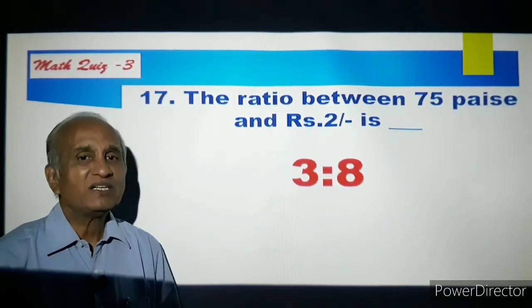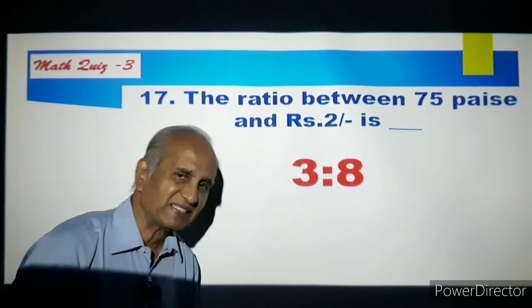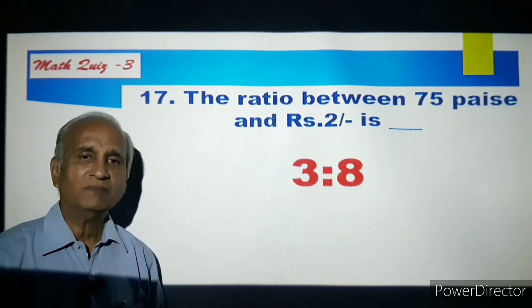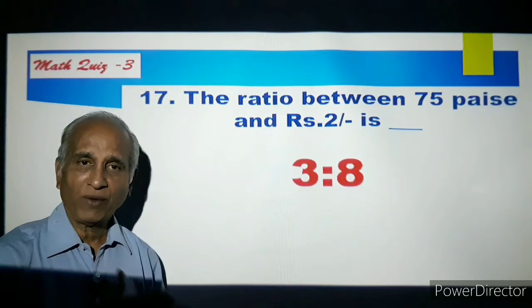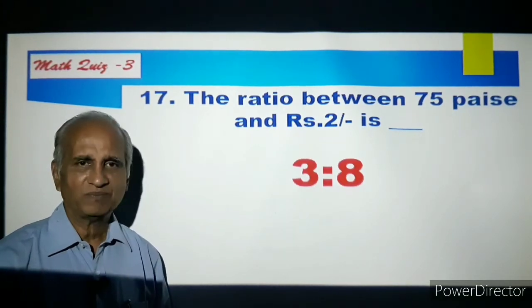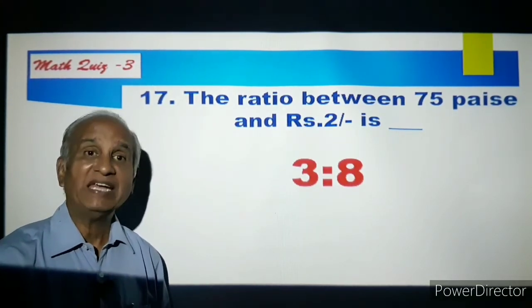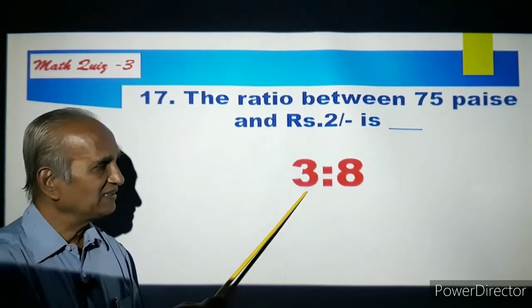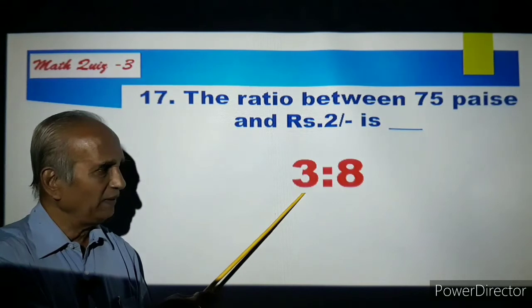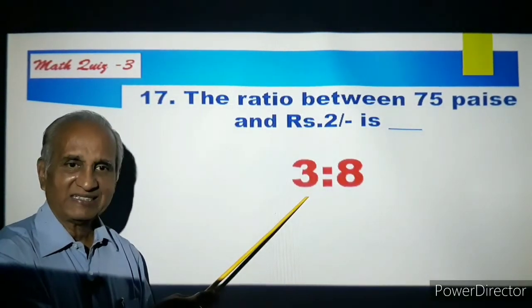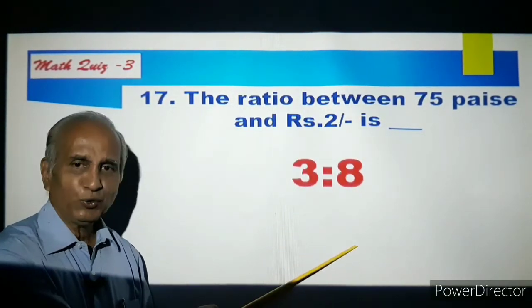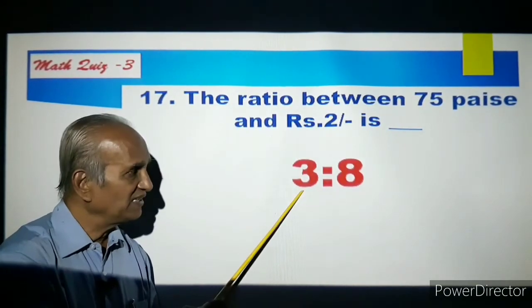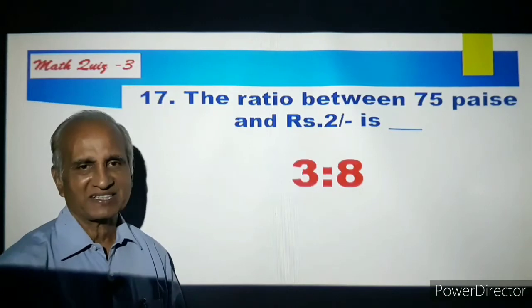Now say, what's the ratio in between 200 paise and 75 paise? Both get divided by 25 paise. 25 paise into 3 is 75 paise. 25 paise into 8 is 200 paise. So the ratio is 3:8. 3 is 75 paise. 8 is 200 paise. So 75 to 200, the ratio is 3:8.